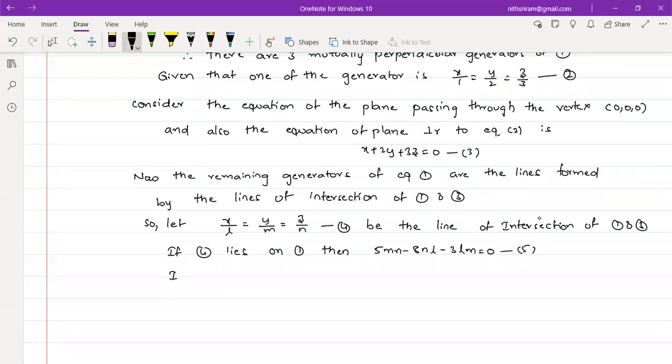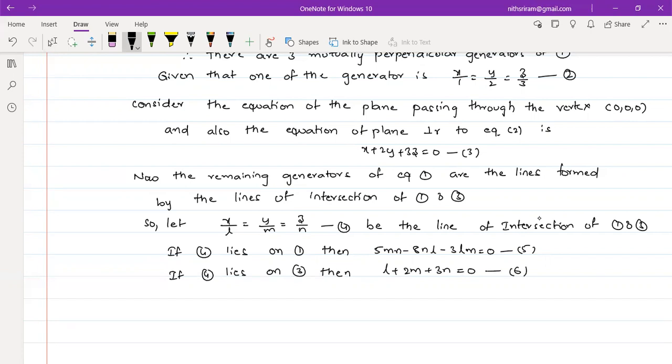And if 4 lies on 3, we have the third equation, that is the plane equation. Here also we have to substitute L, M, N values. We get L plus 2m plus 3n is equal to 0. This is the sixth equation.